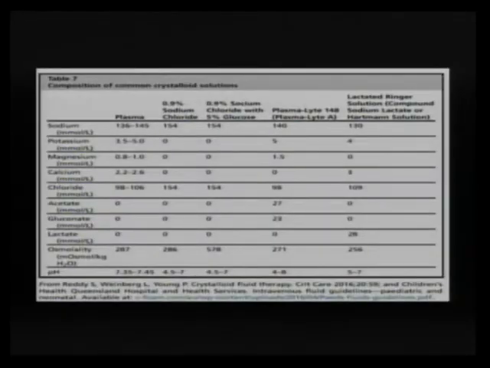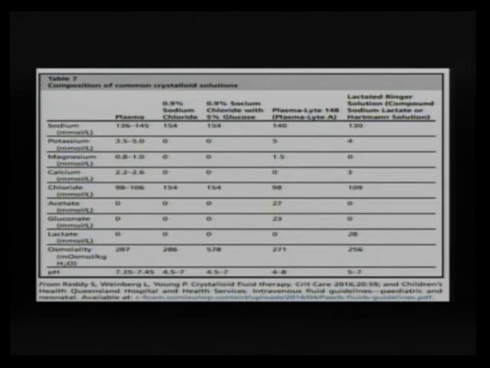So this chart is a comparison of some different isotonic fluids, and it compares them to your electrolytes in plasma. So you can see sodium chloride with glucose, Plasma-lyte, lactated ringers.